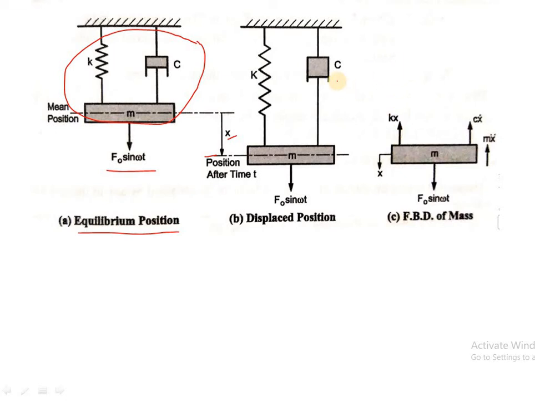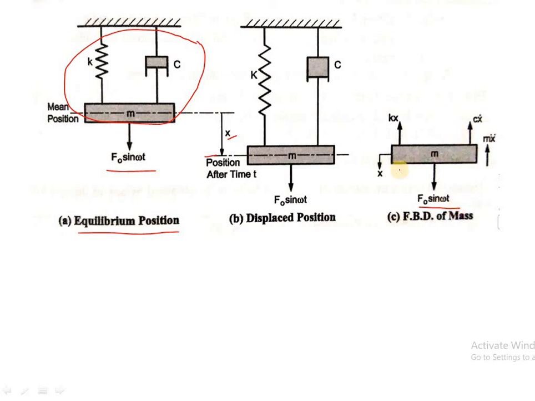At the same time, the damper resists the motion of the mass. So damping force is given by C x dot, in upward direction. Also inertia forces acting on the mass are always opposite to the acceleration or opposite to the motion, so you can say m x double dot is in upward direction. Now in downward direction there is excitation force, which is harmonic in nature, so F0 sin omega t.